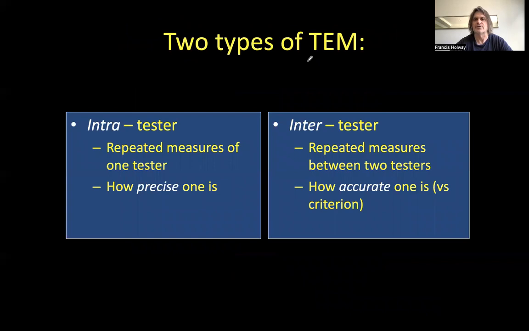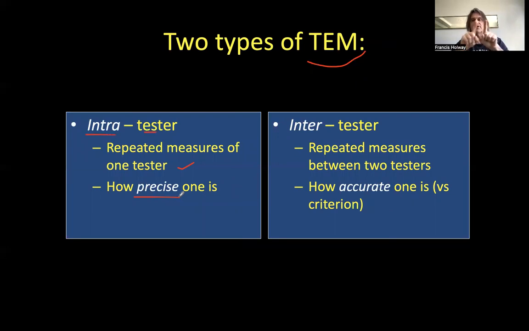Now, there are 2 types of technical error of measurement, as I mentioned. You have the intra-tester. That means repeated measures of one tester. This is how precise you are. So you measure your triceps once, then you go to the other skin folds, you wait a couple of minutes, then you go back to your triceps and measure it again.